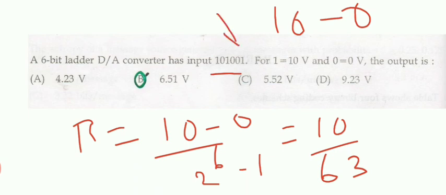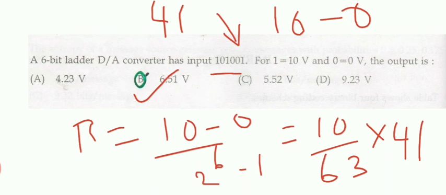What is the corresponding analog value of 101001? The corresponding value of 101001 is 41. So simply you multiply by 41 to find the value of the digital input. So the answer you will get is approximately 6.51 volt.